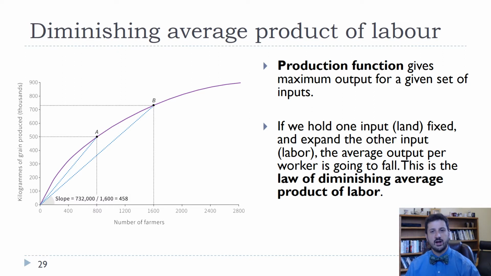When we graph our production function here in this purple line, we can see that the average product of labor, which is just the slope of these rays, is getting flatter and smaller. That's what we call the law of diminishing average product of labor. That is, we add more and more labor, but we keep everything else constant, so land or capital or energy, whatever, all of those other inputs constant. Adding more workers adds more output, but at a slower and slower pace.